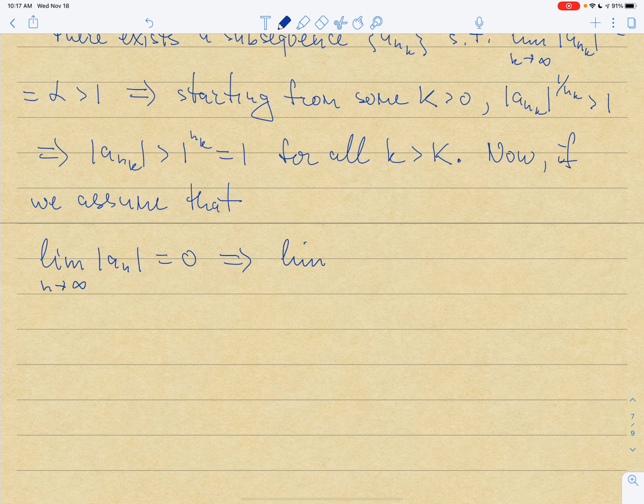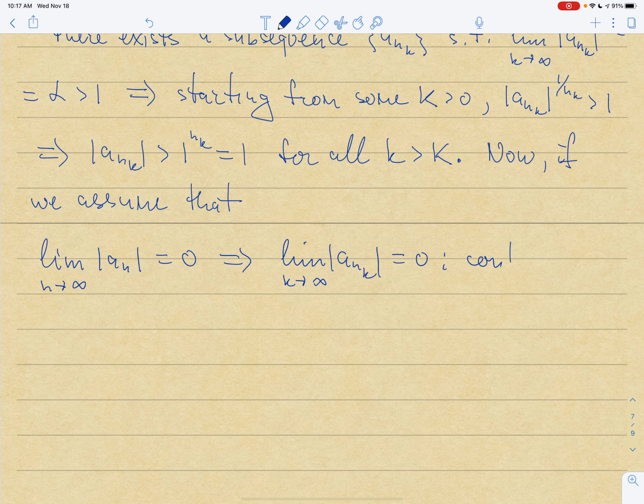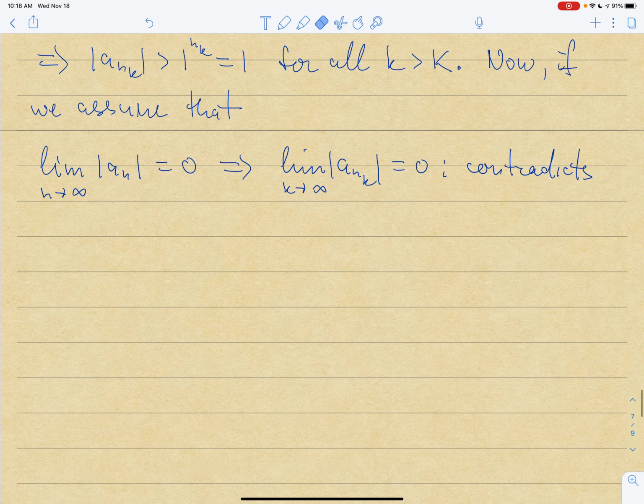So then the limit as k goes to infinity of absolute value of a_{n_k} must be equal to 0. But that is a contradiction with what we are saying here, right? So this contradicts the fact that |a_{n_k}| is greater than 1 for all k bigger than capital K, right?